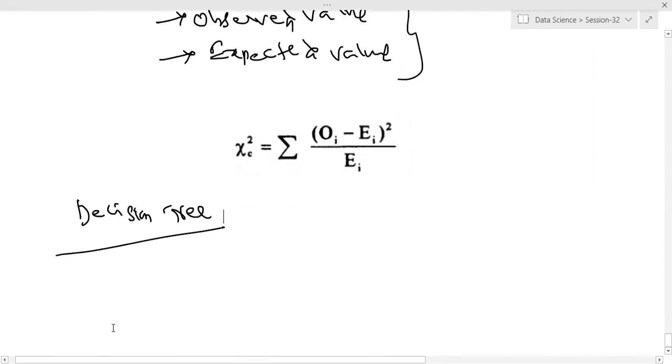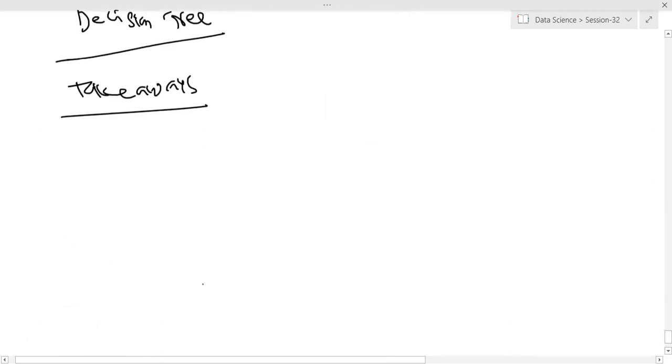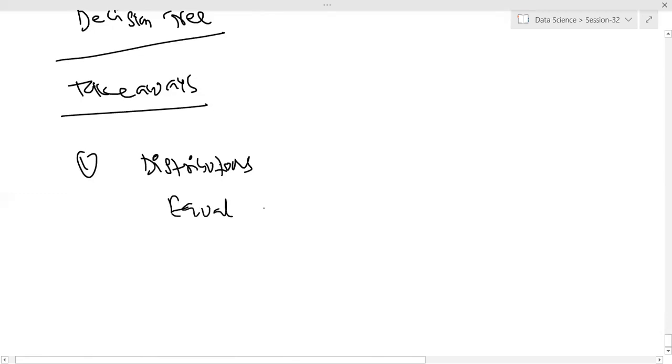So can someone help me observe what the key takeaways of this session are? Where did we start? Statistical tests, the Z-score. Before that, we saw some distributions, and there we checked whether two distributions are equal or not.